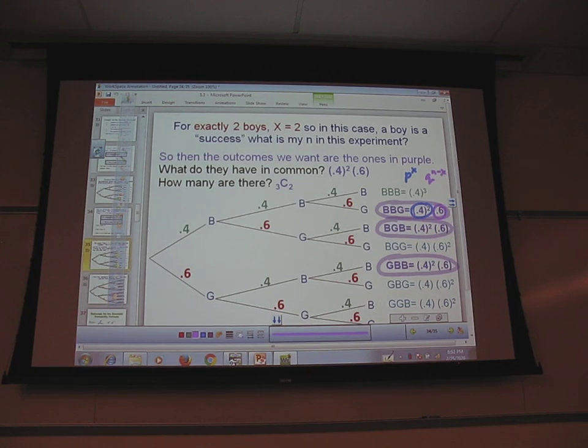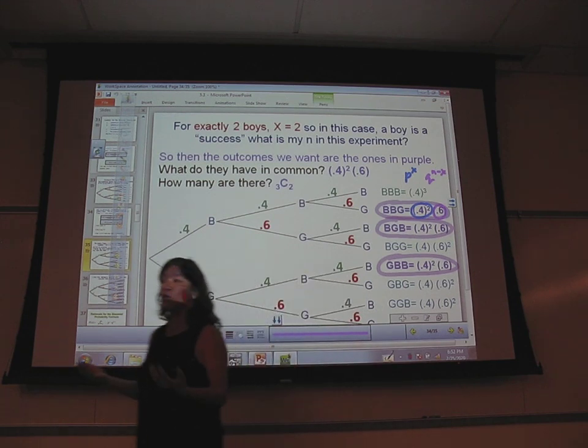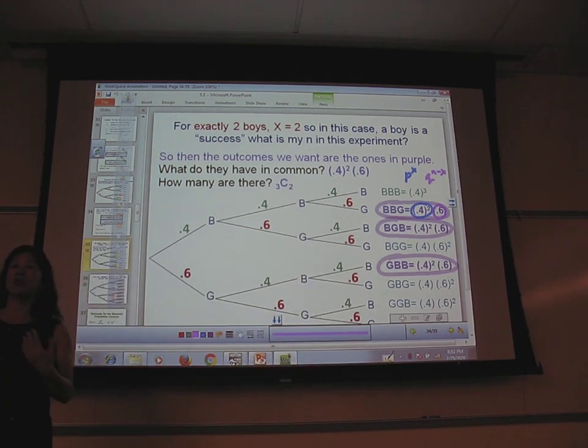Does order matter? No, I'm just going to pick 2 of them. So that's where this 3 choose 2 comes into it. What's 3 choose 2? 3 times 2 divided by 2 times 1, 3.